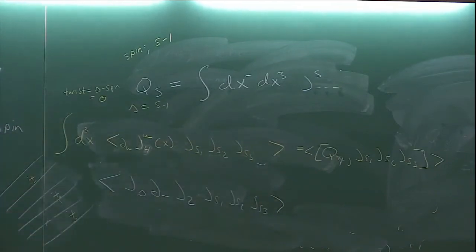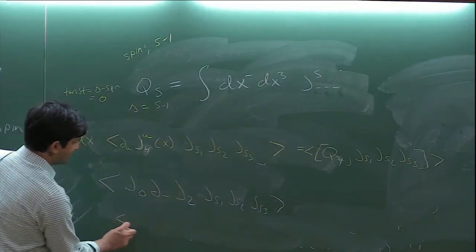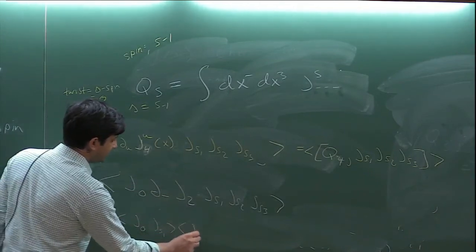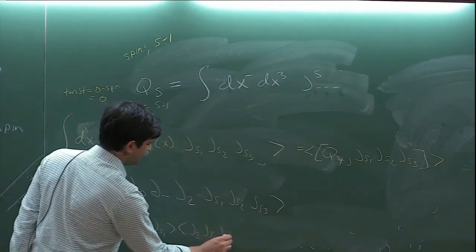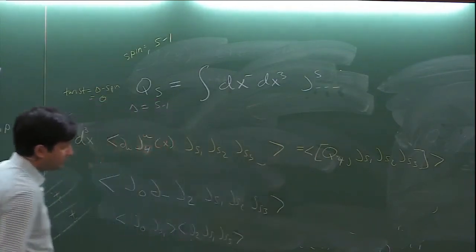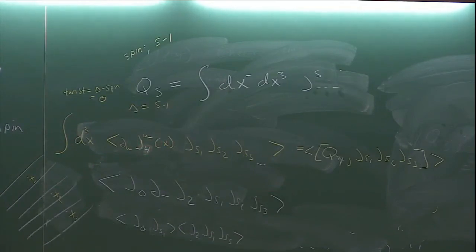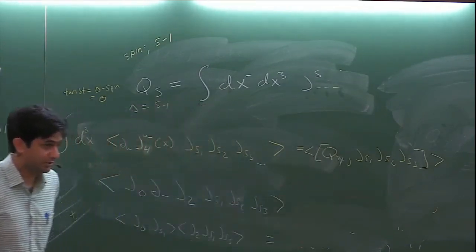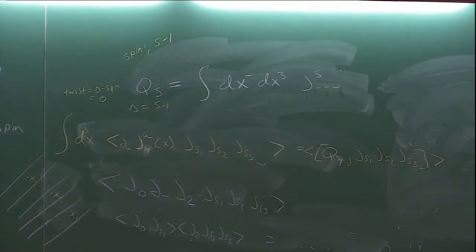So this could factorize, say, into J0, JS1, JS3 if S1 is equal to 0. And on the other side, we have the same combination of 3-point functions that we had earlier.